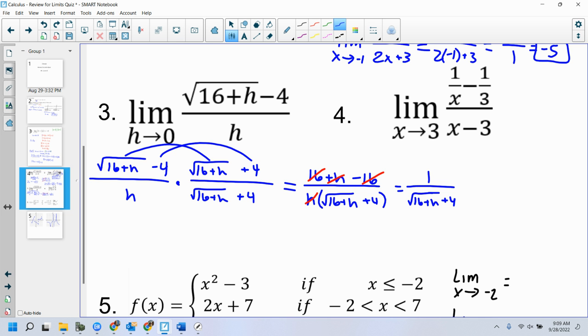And then if I want the limit to go to 0, we'll just plug in 0 now. So this is 1 over just radical 16 plus 4, which is 4 plus 4 is 8. 1/8. Questions on that one?